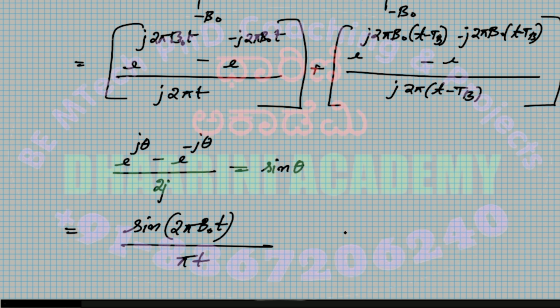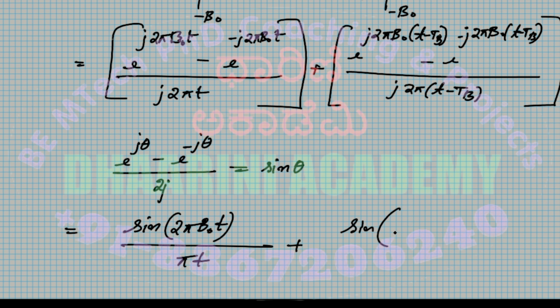That's the first term. Plus the second term is once again sine of 2 pi B naught times (t minus tb), whole divided by j into 2 has gone out, just pi of (t minus tb).